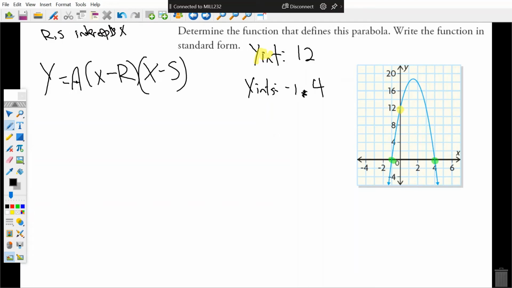If I put a -1 in for r, I'm going to get x minus -1. And what does x minus -1 become? It becomes +1, so x plus 1. Over here, x minus s, we put in the 4, so it becomes x minus 4.